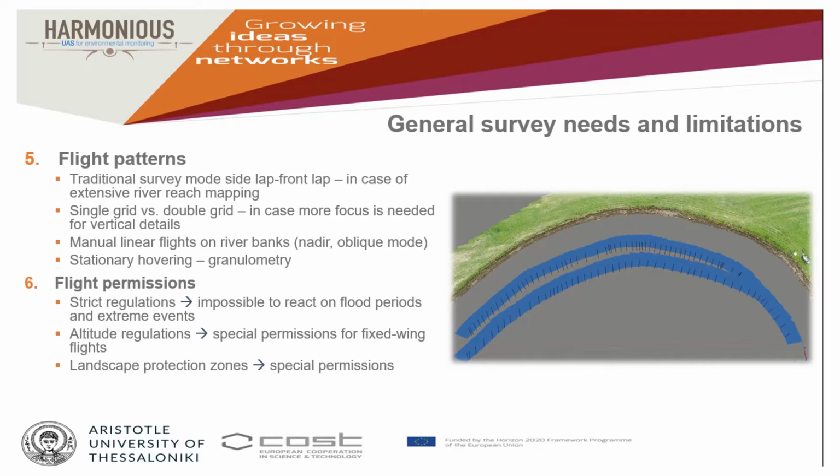And of course, rivers usually, in many cases, are situated in landscape protection zones that we also have to apply 50 days before any flights. However, they are, how to say, provided for a longer period, like 1 or 2 months. So these can directly affect your surveys and survey accuracies.